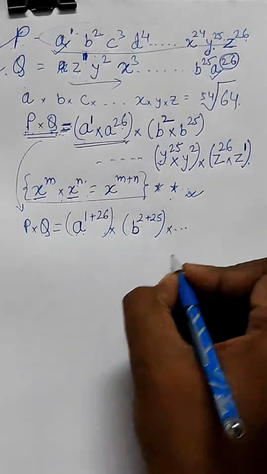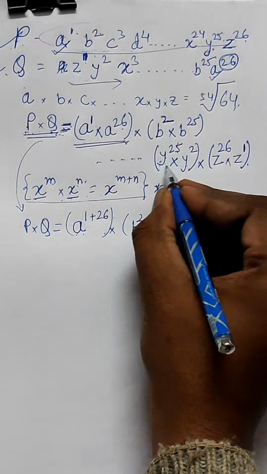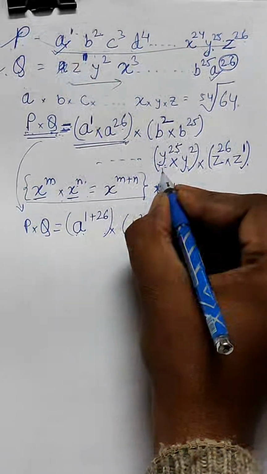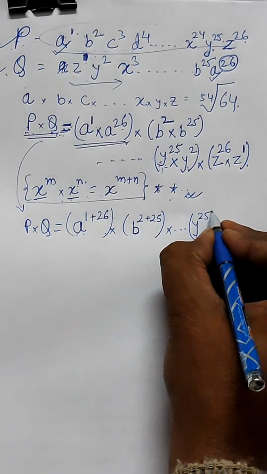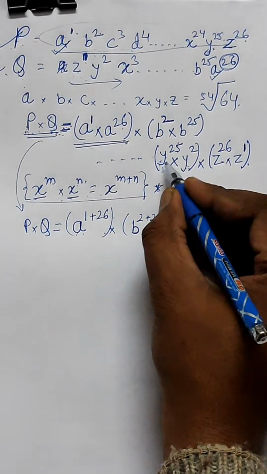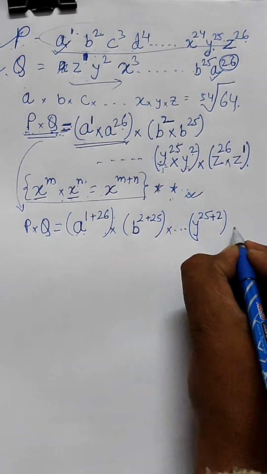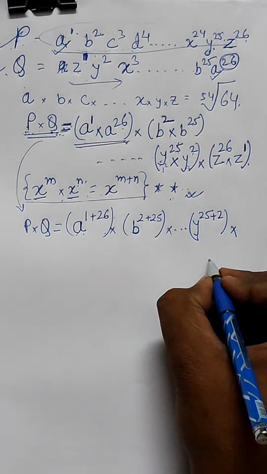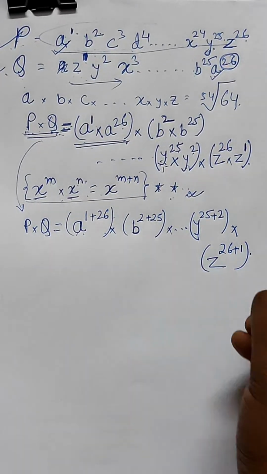In this way, when you go to y, again y is the base for both these numbers, one from p, one from q. So the exponents will be adding because y is the common base for both y power 25 and y square. Similarly, the last component is z power 26 plus 1, in the similar fashion, right?